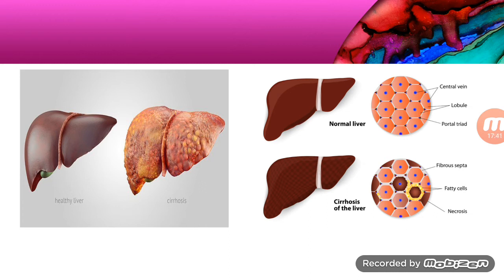Then the fatty cells will be there, those yellowish boundaries are the fatty cells. And then necrosis. Necrosis means death of cells due to any injury or damage. So this is the difference between a normal healthy liver and a cirrhotic liver.